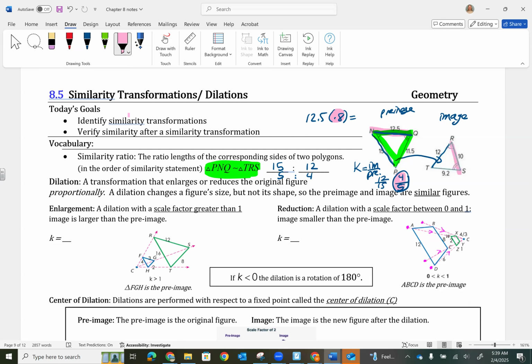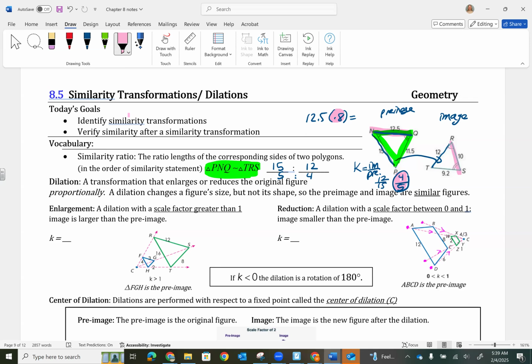So since it's getting smaller, the scale factor is smaller than 1. If it's getting bigger, you could be doubling it. You could be timesing it by 3. You could be multiplying it by a fraction that's bigger than 1, like 5/4 or 8/7, or something like that. So if the number that you're timesing by as a scale factor is bigger than 1, it'll make your side lengths bigger.